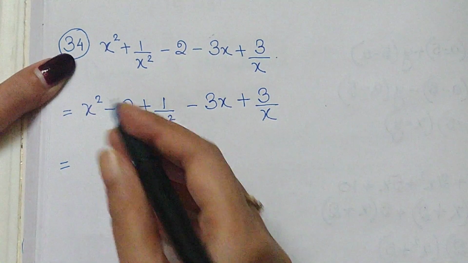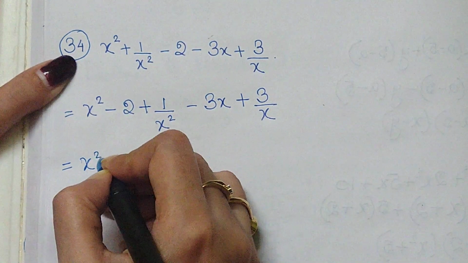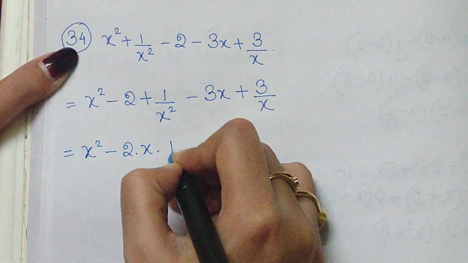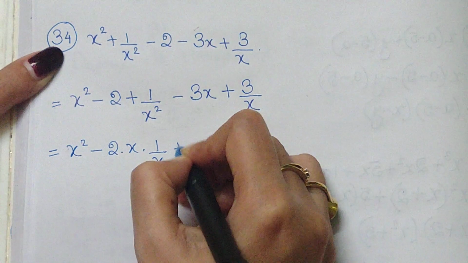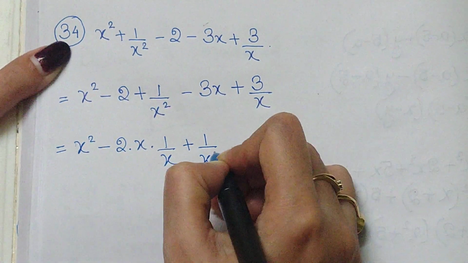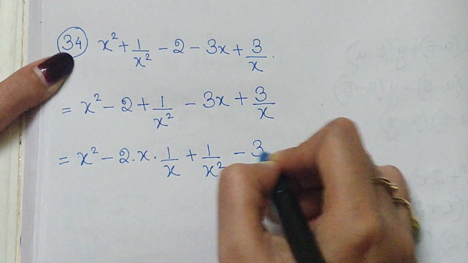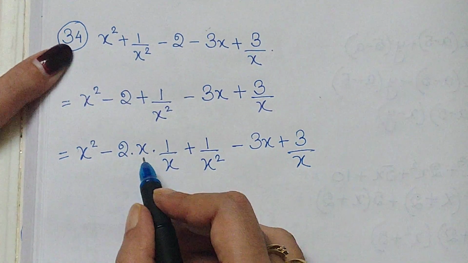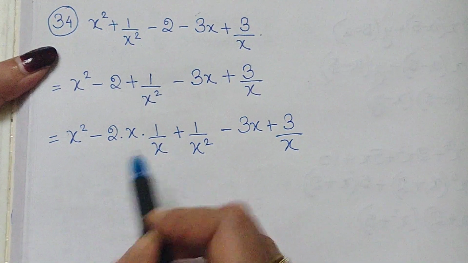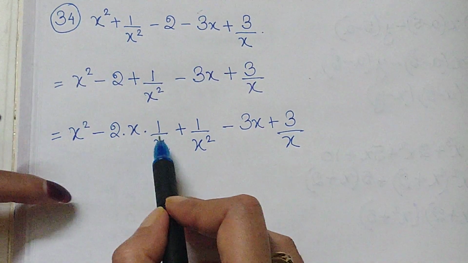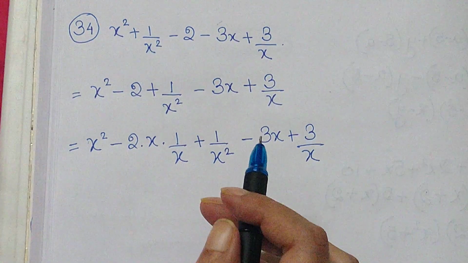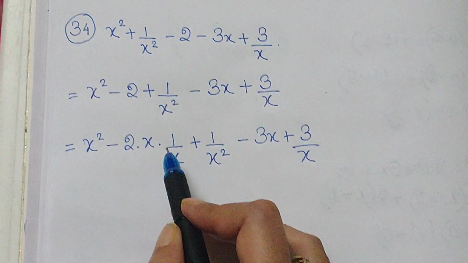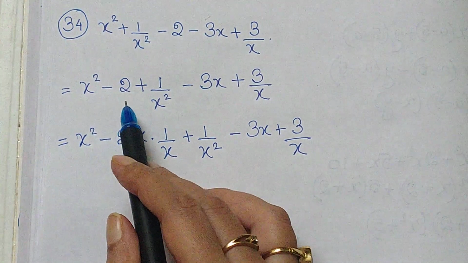So this can be written as x square minus 2 into x dot 1 by x plus 1 by x square minus 3x plus 3 by x. Over here I have written x into 1 by x. I am not adding any extra terms because x and x can be cancelled out and I will be getting 2 itself, what was there in the question.